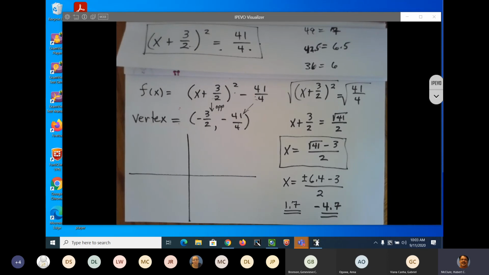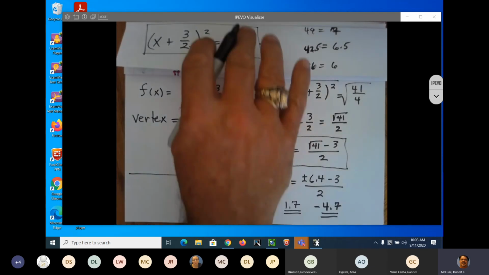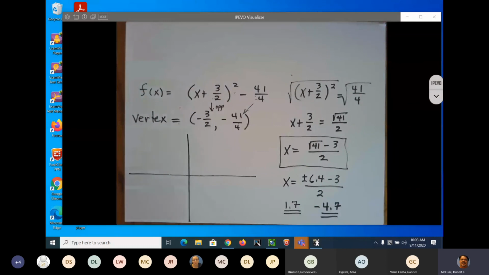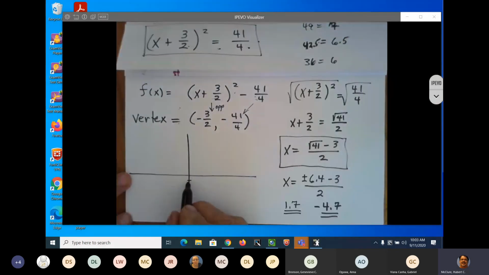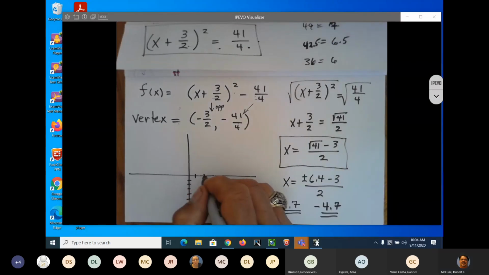And I'm going to plot my, what's my y-intercept? My y-intercept was -8. 1, 2, 3, 4, 5, 6, 7, 8. And my x-intercepts are 1.7 and negative 4.7.